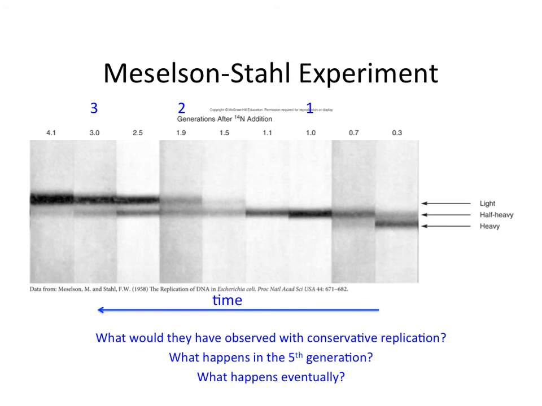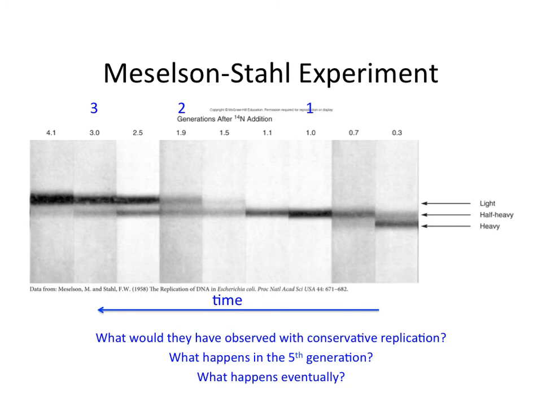N15. It's getting diluted. Every generation that DNA synthesis occurs again, you're incorporating more N14 into all of the DNA and all of these bacteria you're growing. What happens to the N15, the heavy nitrogen that was originally there? Is it still there in the 4th generation?